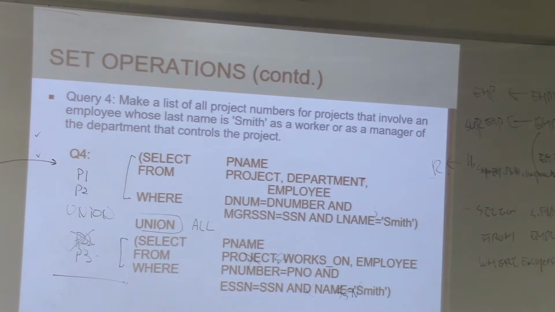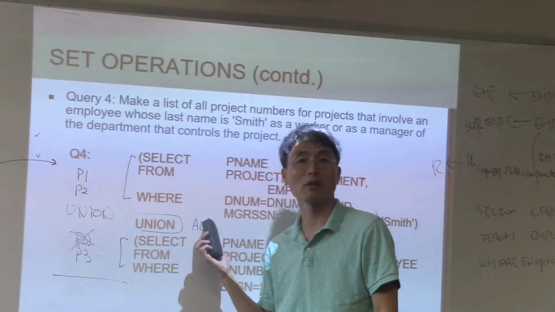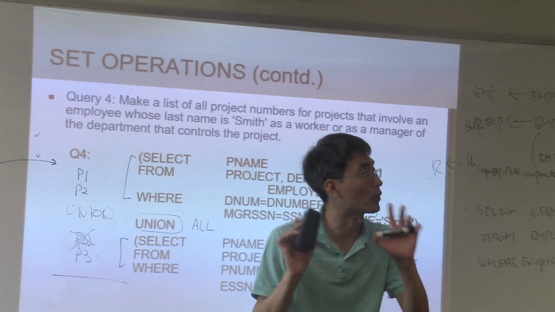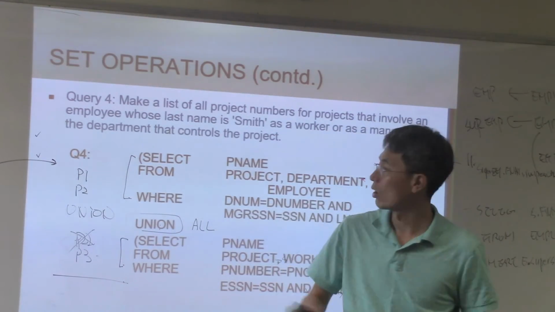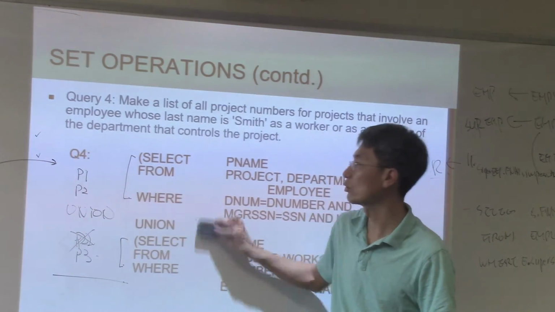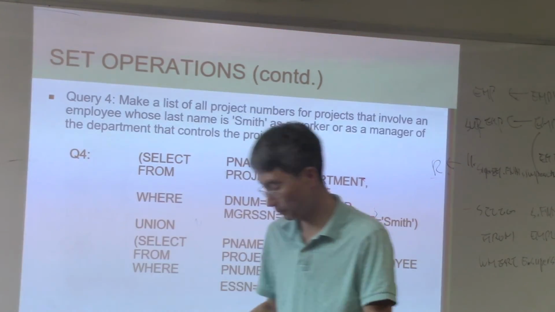UNION ALL returns all the data without checking for duplicates. Many experienced SQL developers get confused. SQL always returns results as they are, except for the union, which automatically deletes duplicate data.